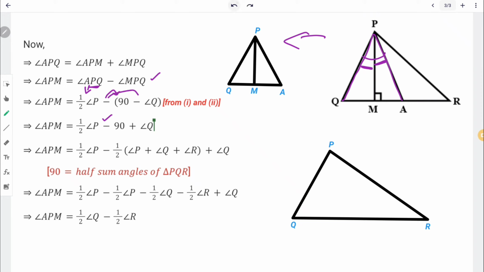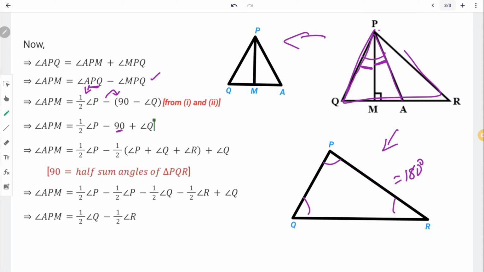All right, once we're done with that, have a look at this triangle PQR, which I've drawn for us here. You can see, when you look at this triangle PQR, angle P plus Q plus R should be equal to 180 degrees, the sum of angles of a triangle, but 90 is half of 180.